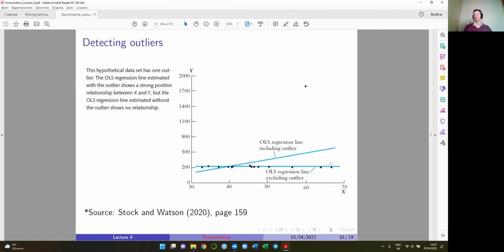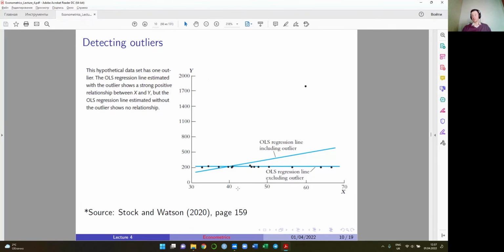Look, here is the data. We have all the observations that are close to the horizontal line, and one observation here. So this is how you can identify outliers. You have a group of observations which is concentrated in one place, and then one observation which is far away from this group.